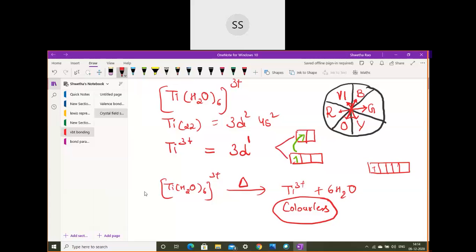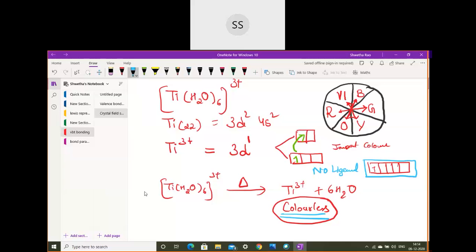I will repeat once again: if there is ligand, remember there is splitting. In the presence of ligand, there is splitting. When there is splitting, d-d transition can occur and the complex will impart color. But if there is no ligand, the d orbitals stay like this only, so degeneracy is maintained.